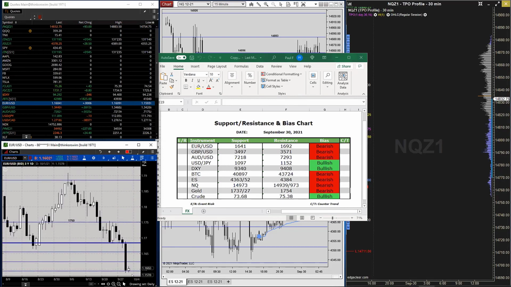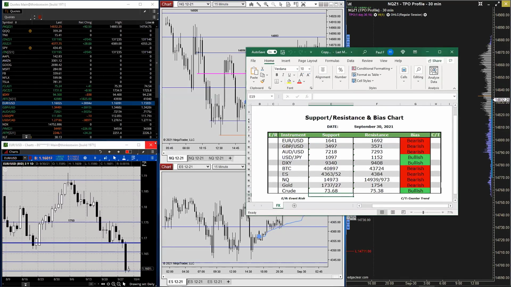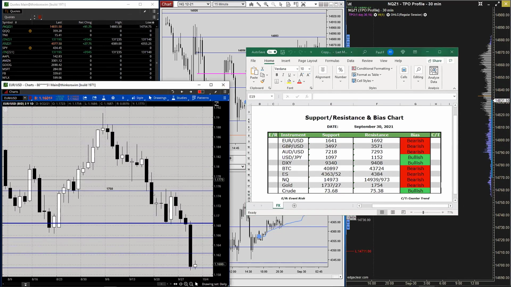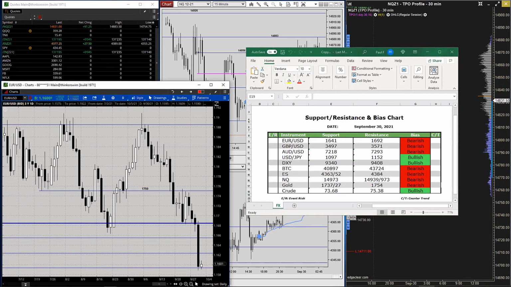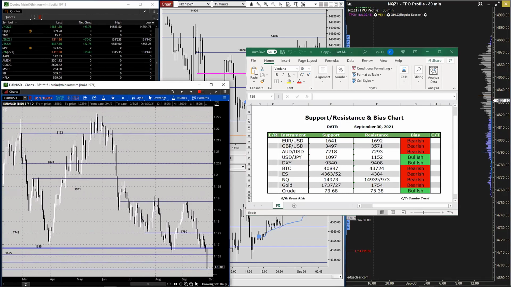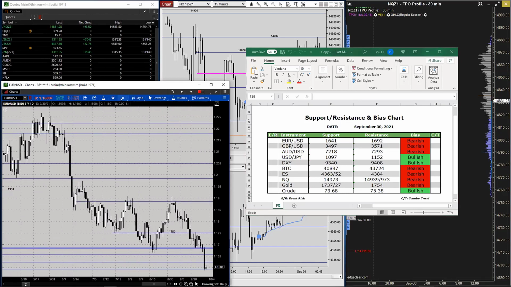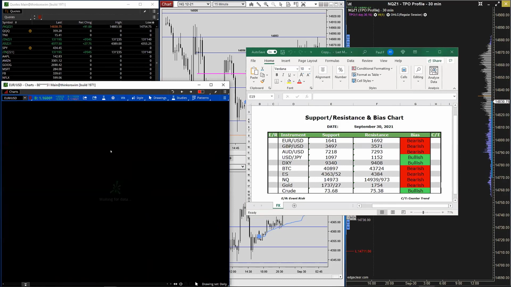Take a look at the euro. Boy, we had really taken a pretty good dip here yesterday. Look at that, falling all the way down here to 16, even went sub 16 at 1589. Holy smokes. Take a look here on the weekly chart.